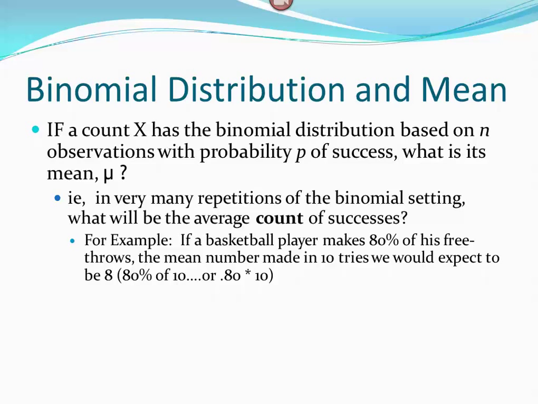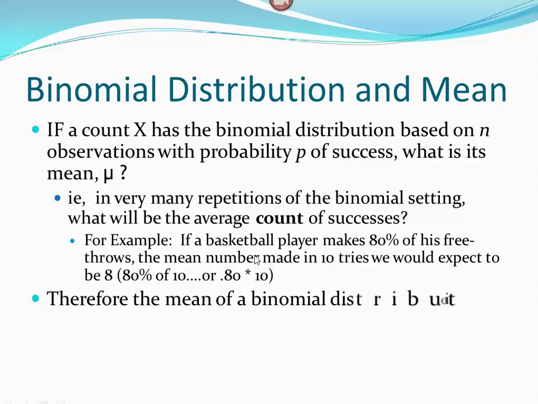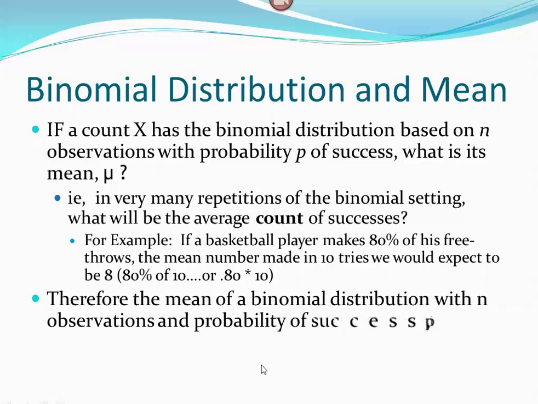If he was to throw 10 free throws, how many of those 10 would we expect to see as far as successes, meaning the ball makes it into the basket? And the way we find it, well, we take 80% of 10, which is 8. So we multiply 0.8, the probability of success, by the number of trials. Right there, that is the mean of the binomial distribution.